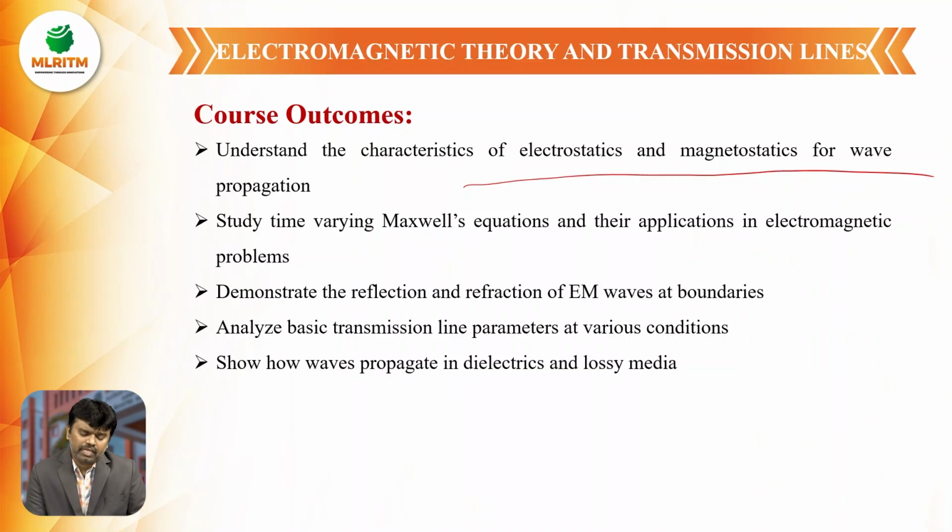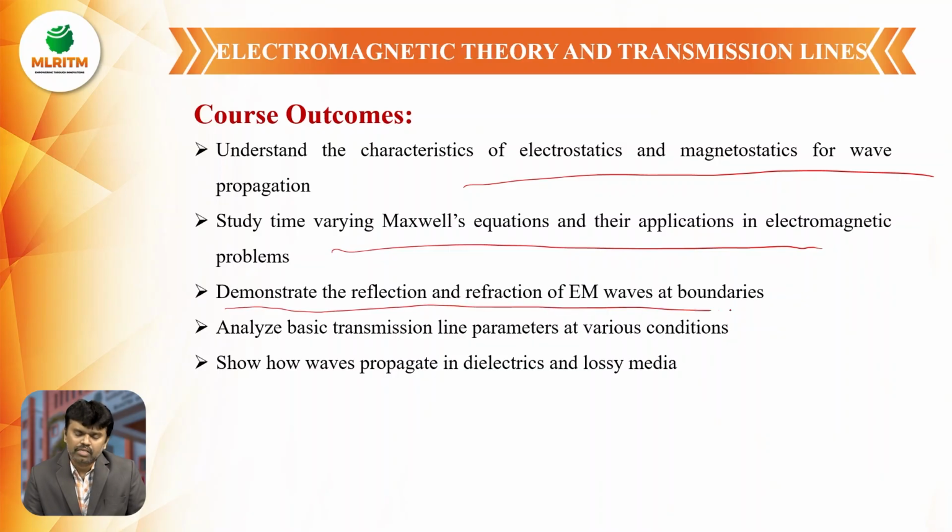The next outcome is studying the Maxwell equations and how they are used in the applications of electromagnetic problems. By using these Maxwell equations, we will design some circuits to propagate waves in different mediums. The third course outcome is how electromagnetic waves reflect and refract in different mediums.